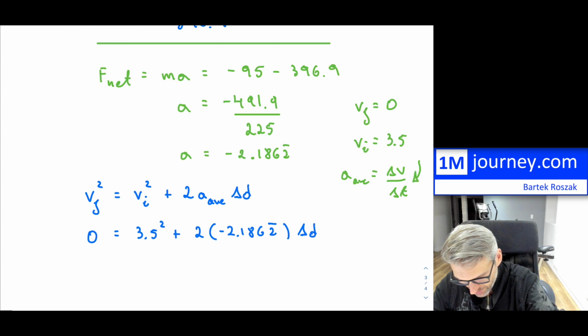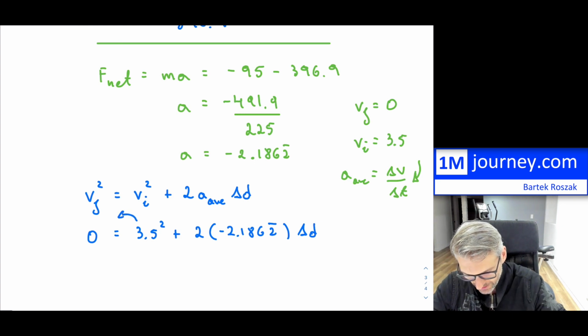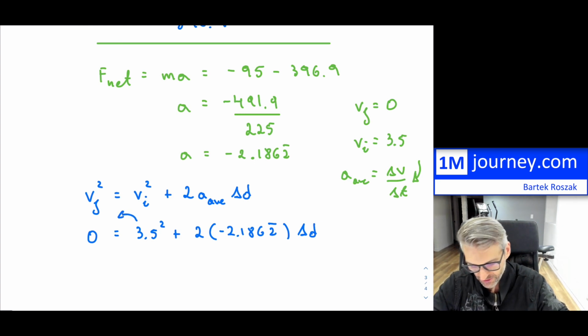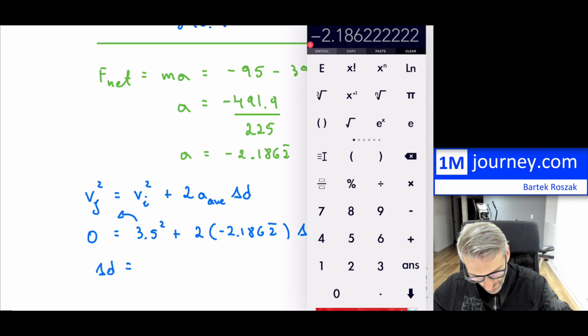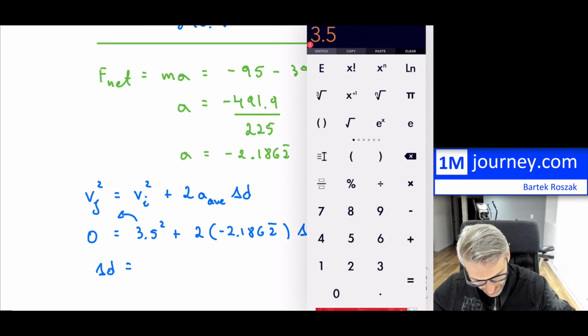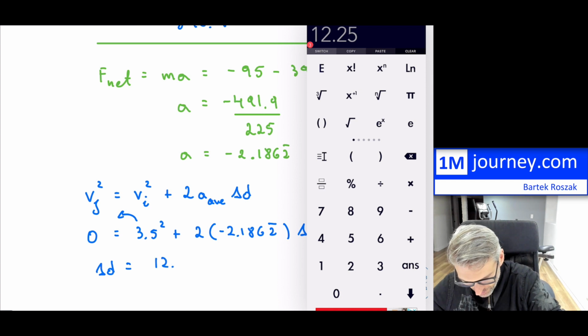So I can solve all of this for delta d. Let's see, this I can move to the other side. So that's going to be negative, but then the other negative is going to cancel. So my delta d is going to be equal to, I'm going to go back in here, this is squared, so this is going to be 12.25.